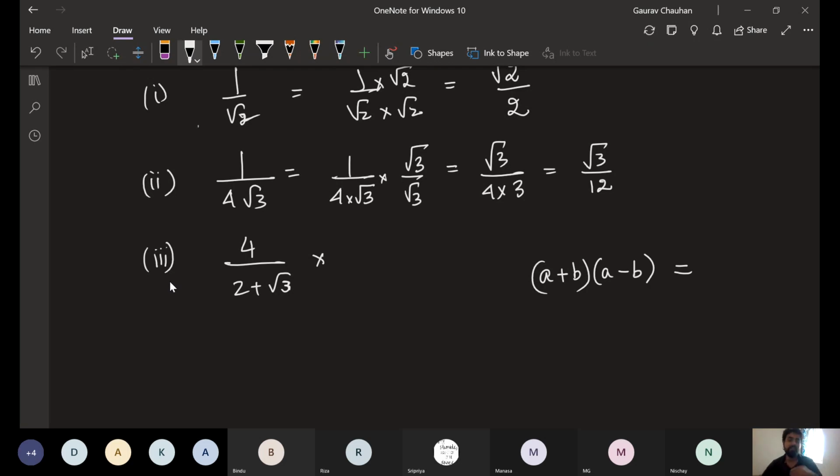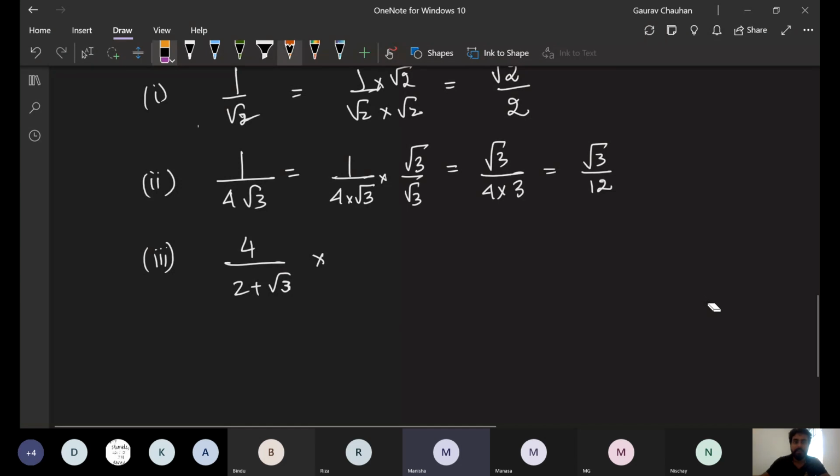Can someone complete this identity for me? I would like to hear from Manisha. Manisha, can you complete this identity for me? A plus b into a minus b. Sir, a square minus b square.